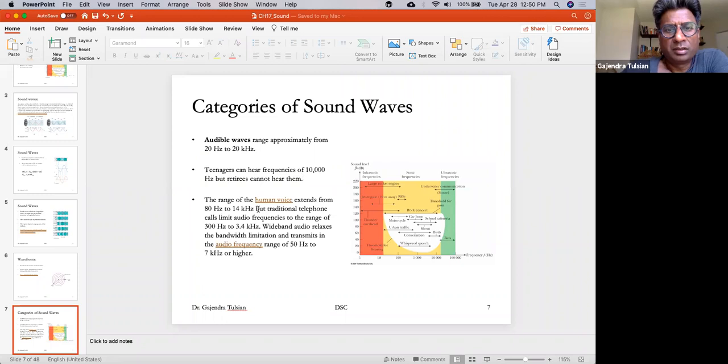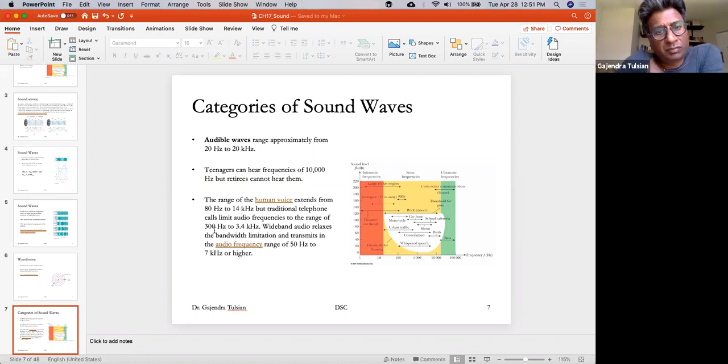All right, human voice normally ranges from 80 hertz to 14 kilohertz. But interestingly, we can hear a higher range because in nature, for survival reasons, you have to be able to hear a higher range. But here's the human voice range.